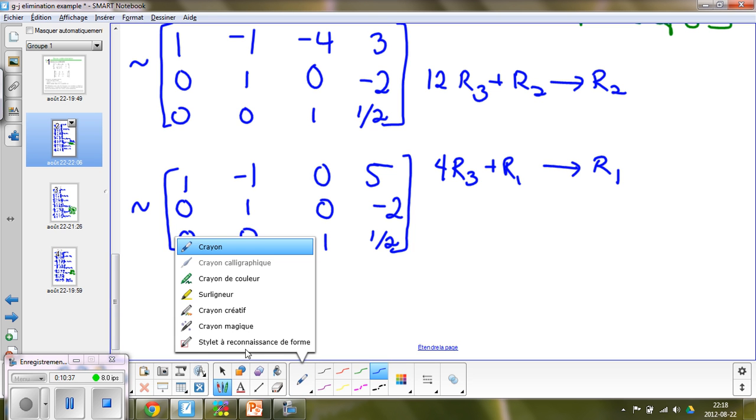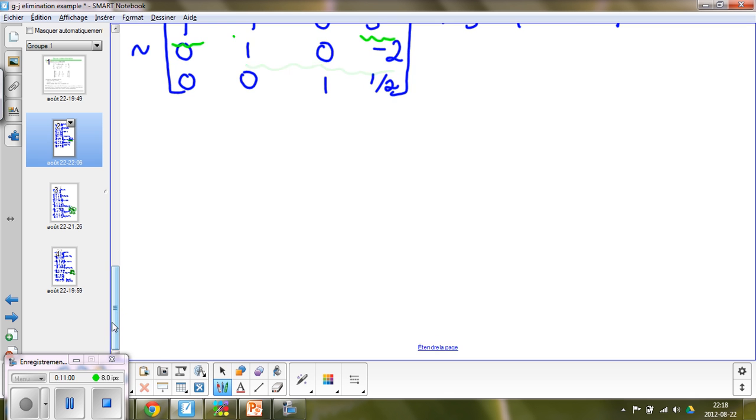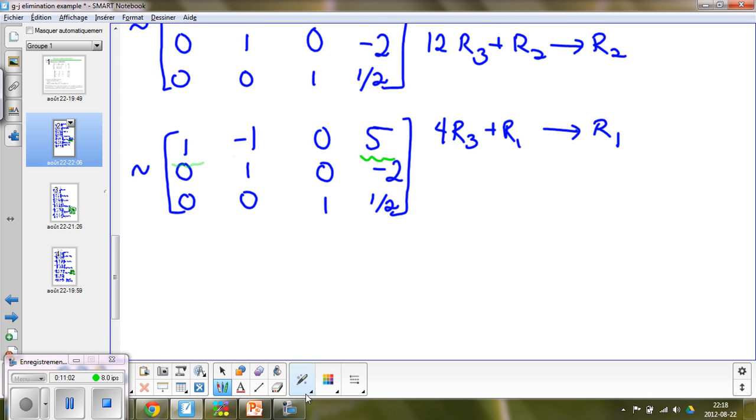Okay, this is very close. All we want is to get rid of this minus 1. We can use this one that's right here to get rid of it. As you can see, we've got z equals something. We've already got y equals something. All we want is x equals something. So that's all we've got left to do. Good news.